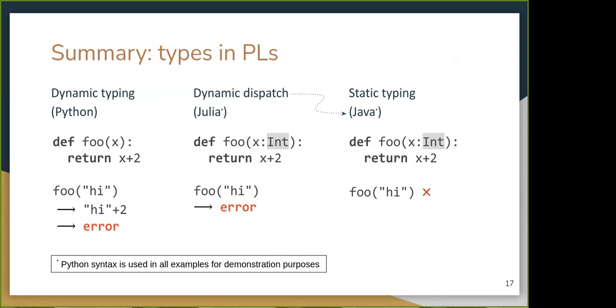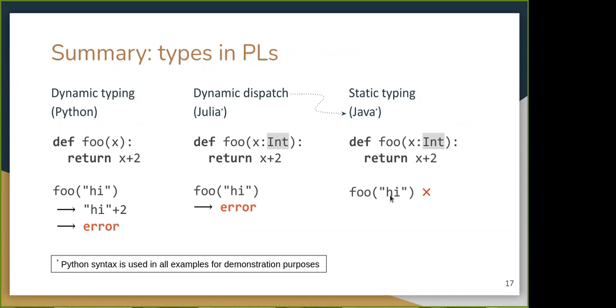On the other side of the spectrum, we have static typing like Java or Haskell, where we either use or infer type annotations, and the compiler statically approximates the program's behavior. If it thinks that this program might run into a type error, then it rejects it statically, so you're not able to even run it.